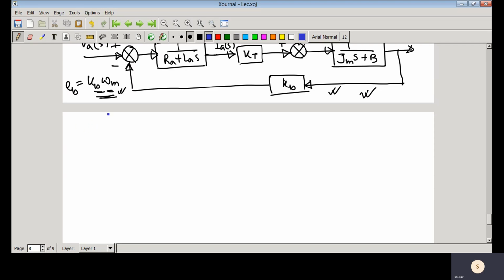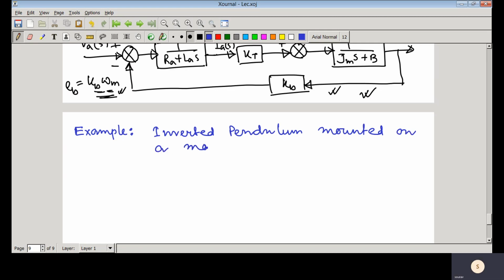So this is the last example I am going to discuss: the inverted pendulum mounted on a motor driven cart.